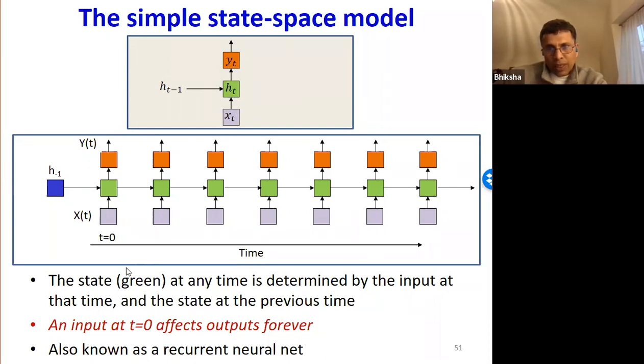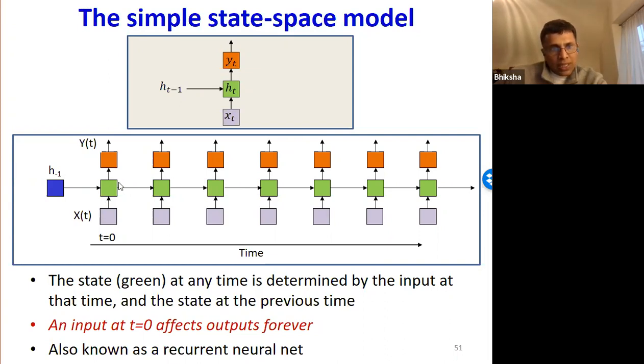And this lower figure shows the entire computation for a series of inputs. So every column is identical. And as we process the input sequentially, at each time, we compute the hidden state from the input at that time and also the hidden state at the previous time.